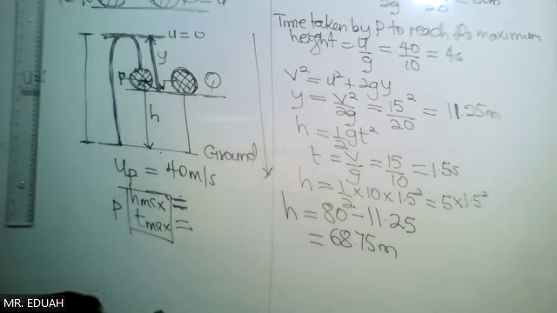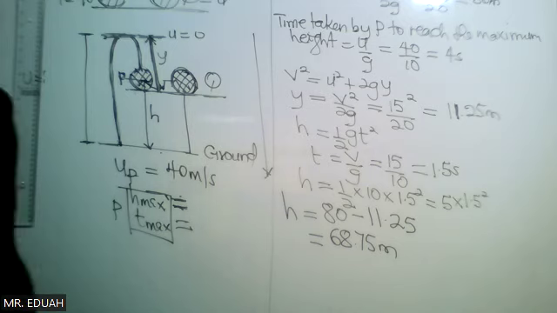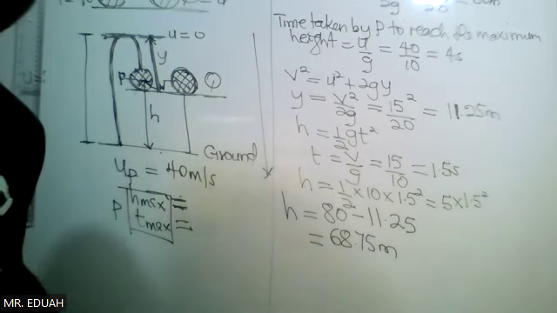Okay. The second question, B. Find the velocity with which KO is shot when gravity is 10 meters per second squared. I'll leave this for you.